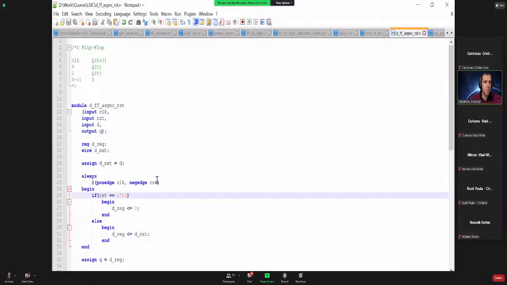For example, usually I have a list of defines, because there are boards which are connected to an active reset on 0, and boards which are connected to an active reset on 1. You know what I'm saying?